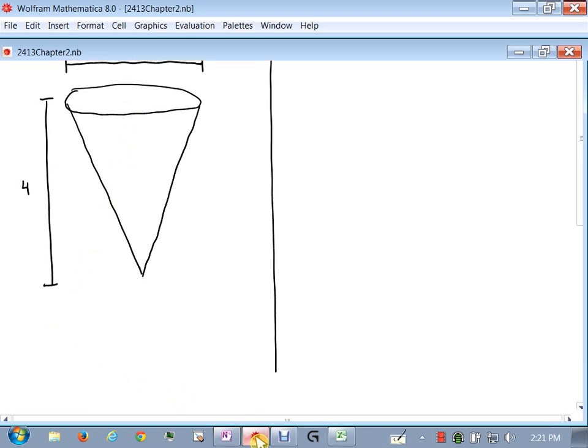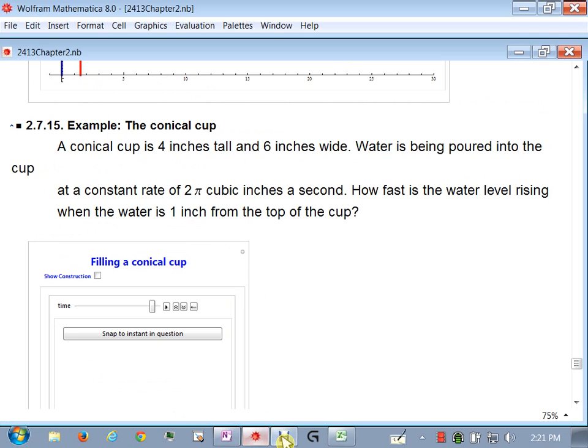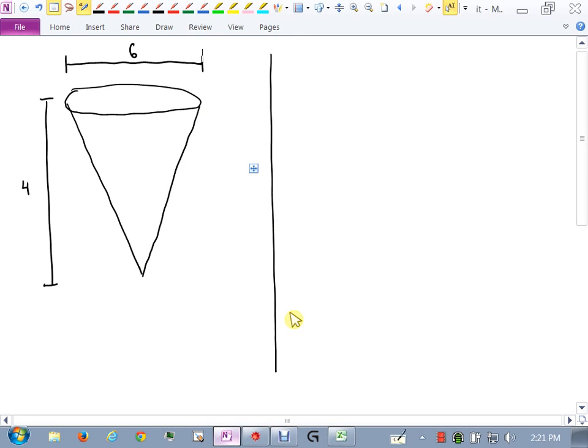Okay? That's not changing. In the general picture or in the instant in time, the cone is the same. What is changing, though? The level of the fluid, right? The water level, the beer level.